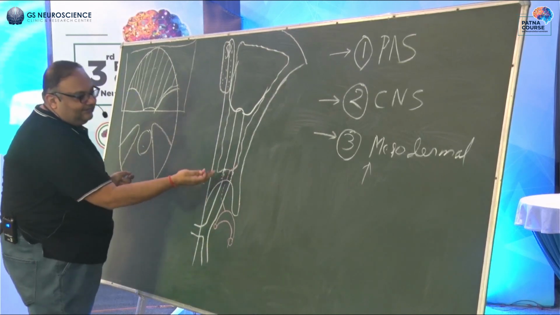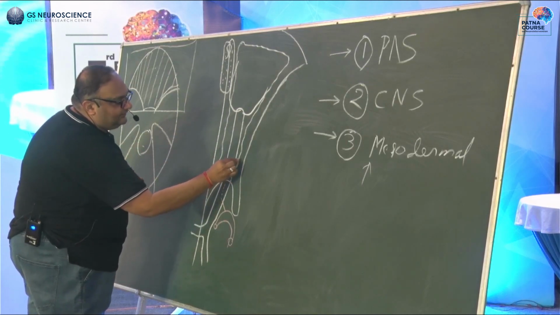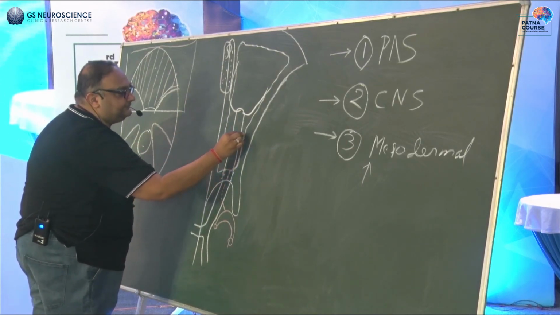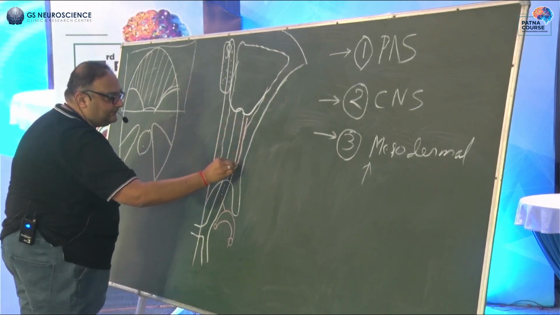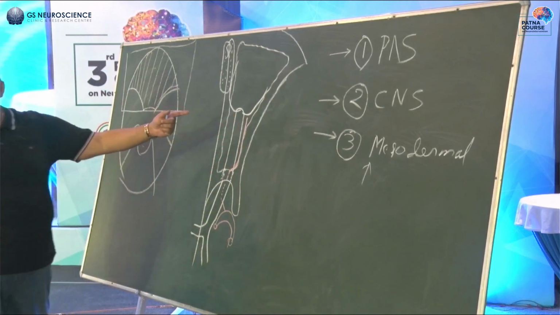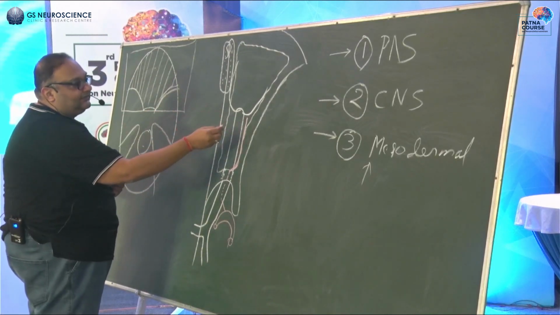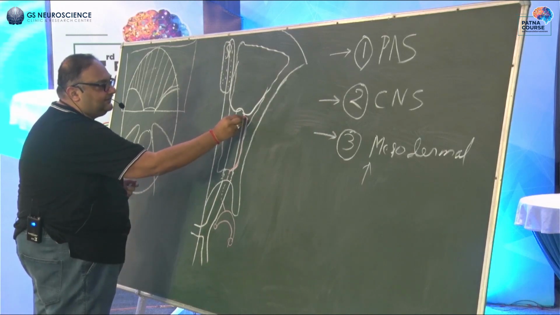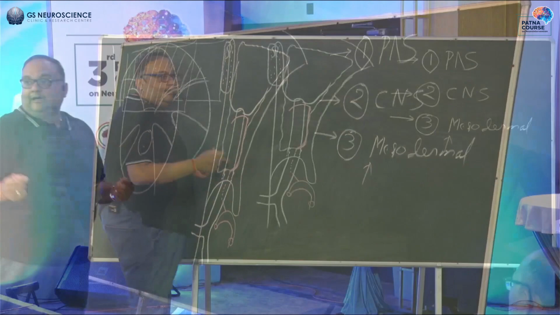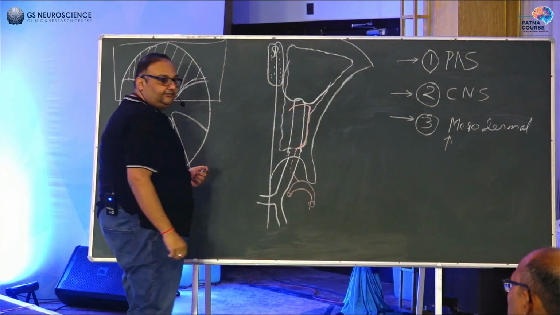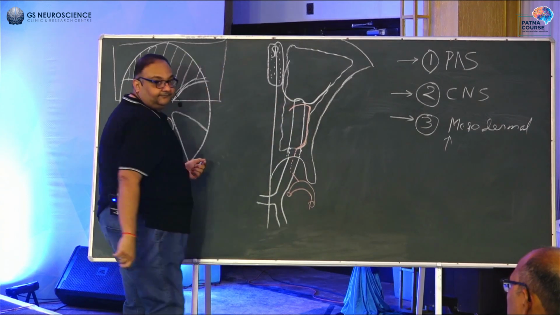And once it enters the orbit proper, it stays on the lateral side of the optic nerve till the point that it reaches the globe. Just at the globe or before the globe, it makes a big turn where it comes superior to the optic nerve and comes from lateral to medial.